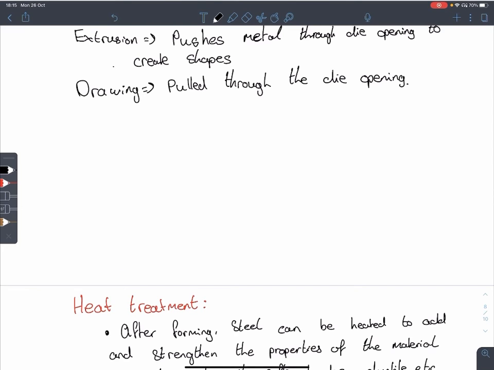We next then have forging. So this is one of the important ones. Forging uses large compressive forces to deform a piece of metal into the desired shape. So there's different types of forging. There's open die forging, closed die forging, drop forging, hot forging. You can look at these in your book that you have with you.